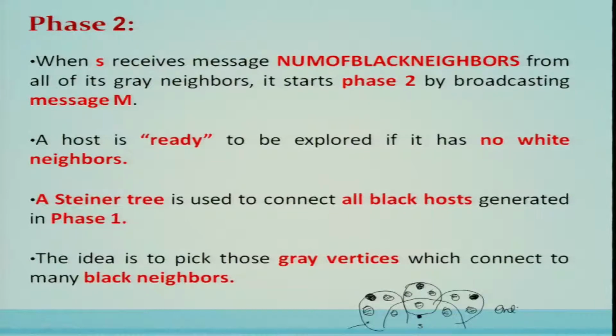At the end of phase 1 there is no white node left; only then will phase 1 finish and phase 2 begin.